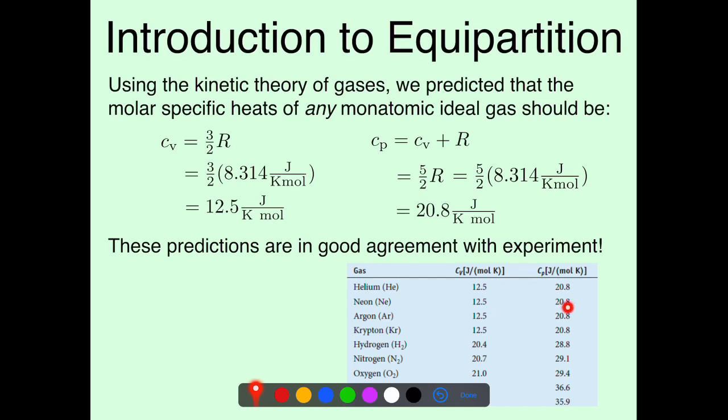Neon, same set of measurements. Argon, same two measurements. And then krypton, same two measurements. So the first four in the table, what they all have in common is that they're monatomic gases. These are just single atoms that fly around in the gas. So they all have the same specific heats, and they really agree with what we calculated.